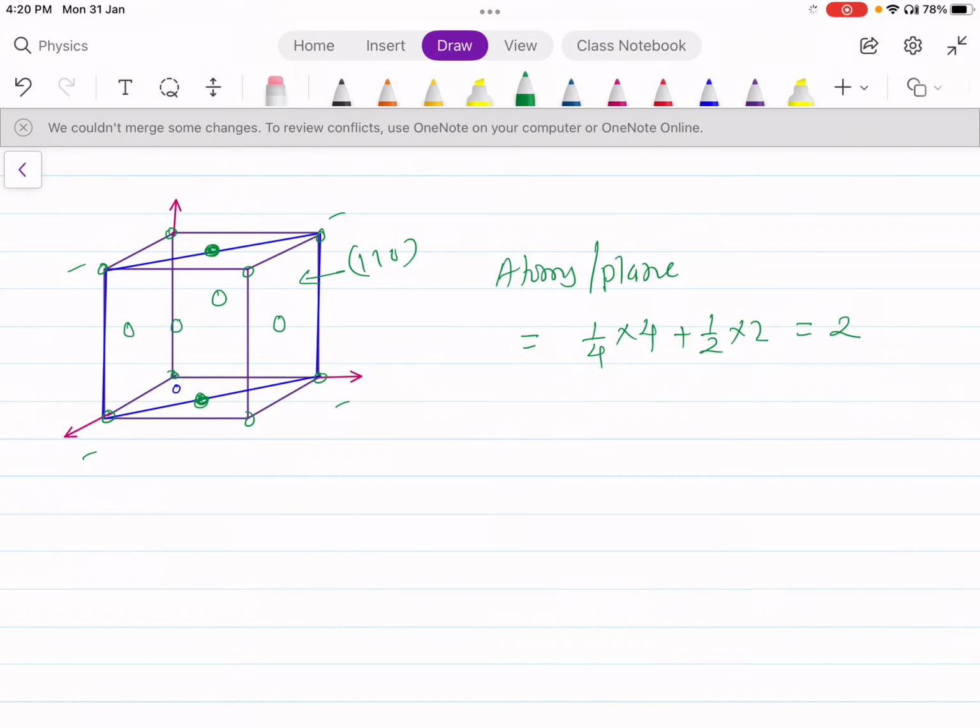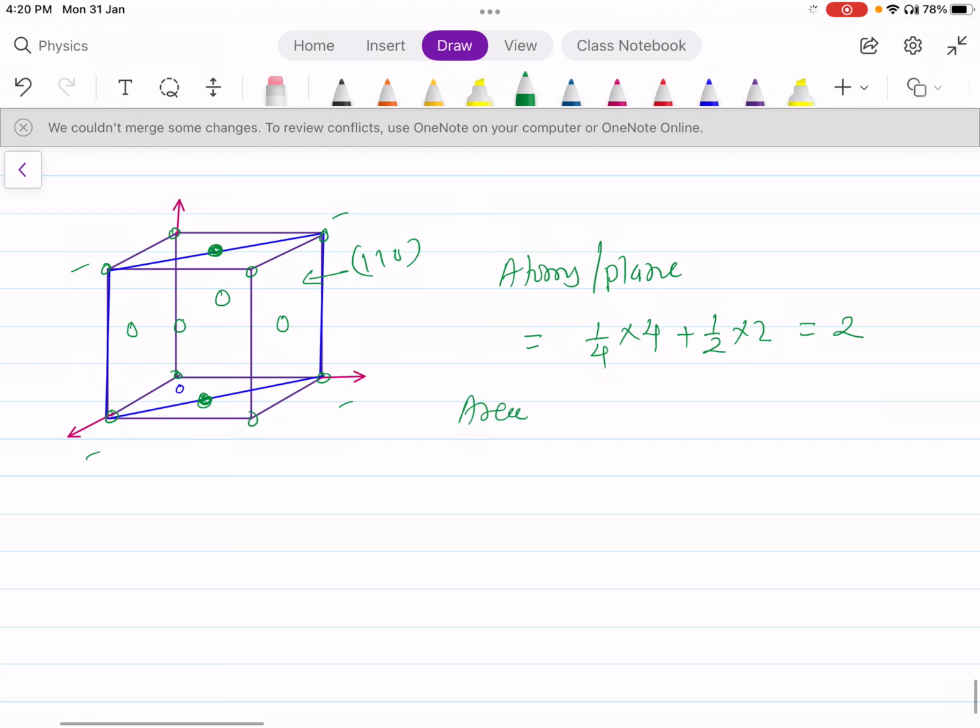Then we have to find the area of the plane. Suppose this is ABCD, the plane. Then area of the plane is AB into BC. It's a rectangle, so AB into BC.